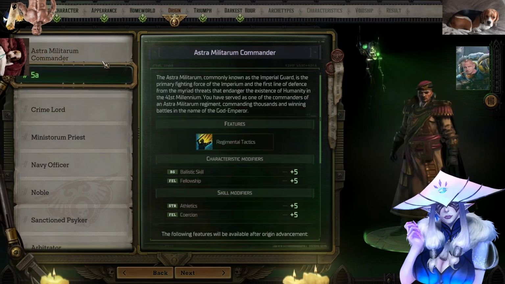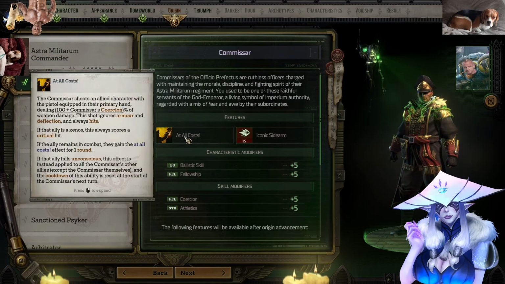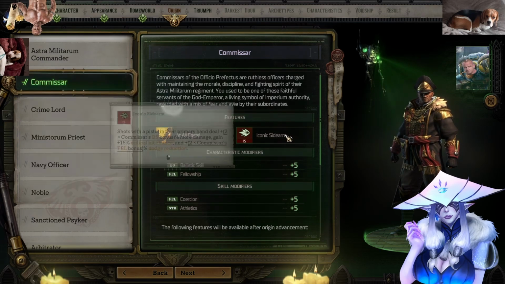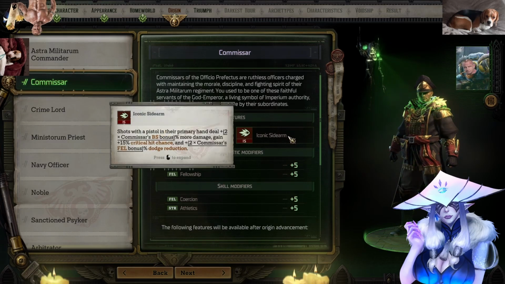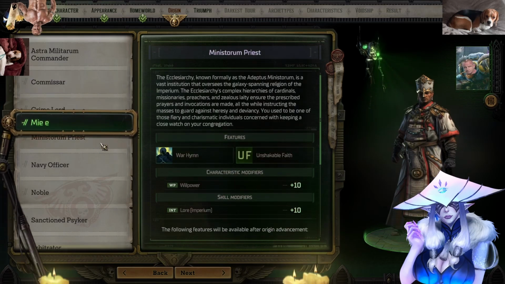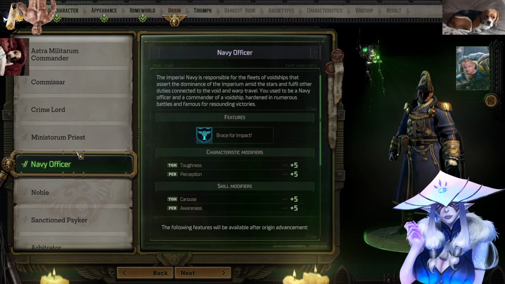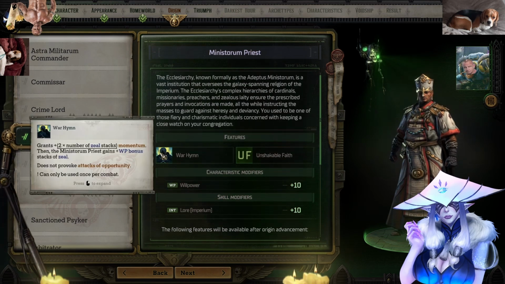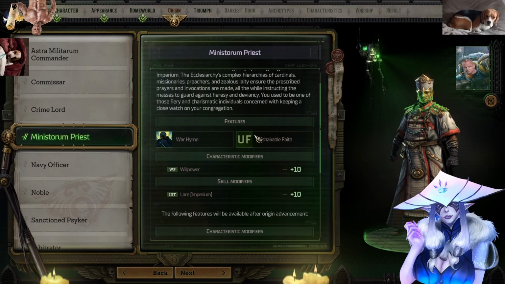Okay, in that case... what would Pudzian be? The Commissar shoots an allied character with the pistol equipped in the primary hand. Pudzian can't be a priest.